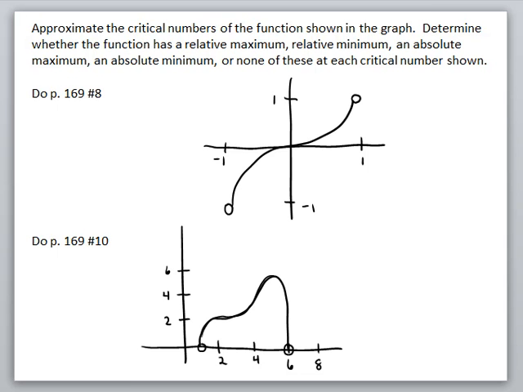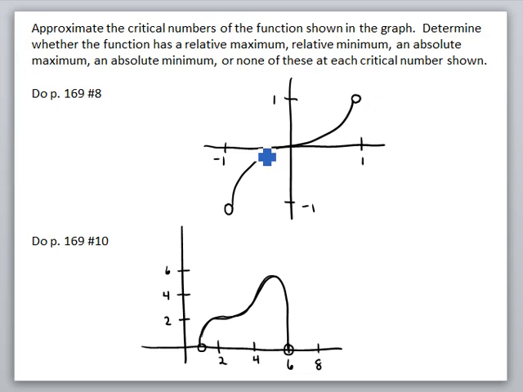Had these been closed dots, we would have said, oh yeah, this has a minimum here and a maximum here, and those would both be absolute mins or maxes. But since we are talking about an open interval, we do not check the endpoints, nor do we say that there's a max or a min at those.